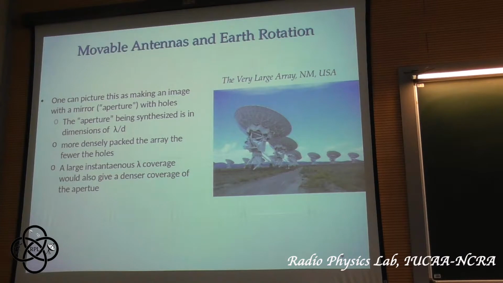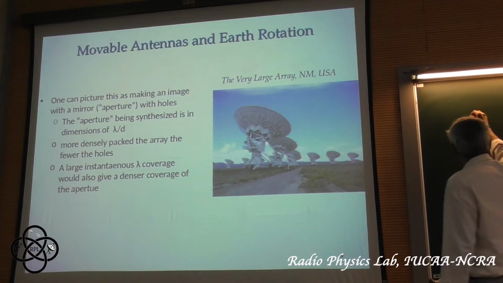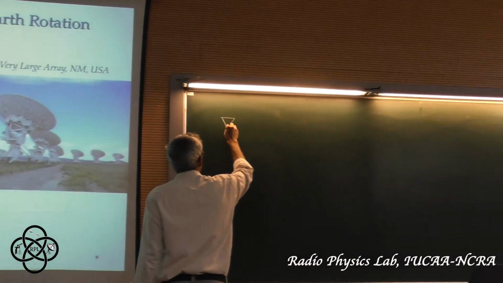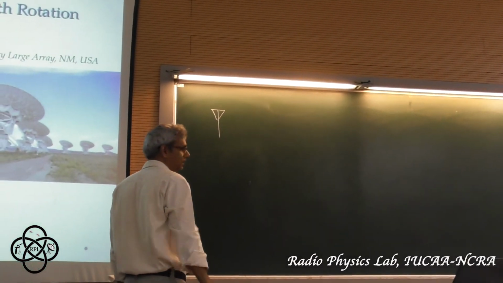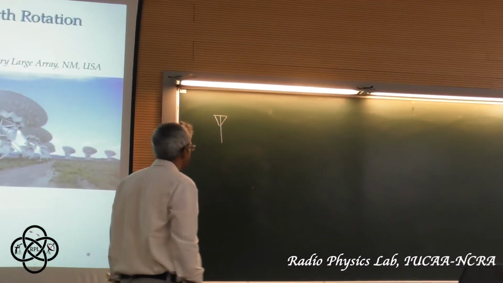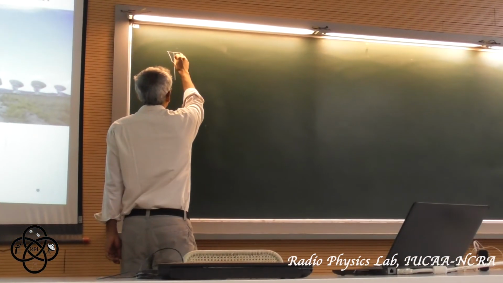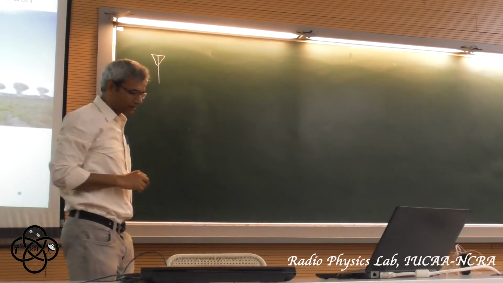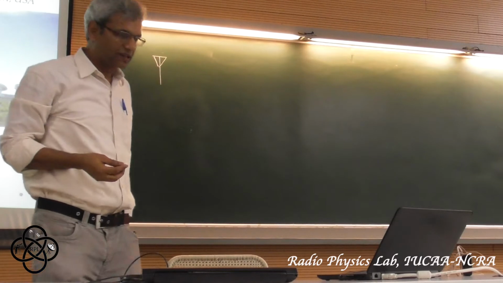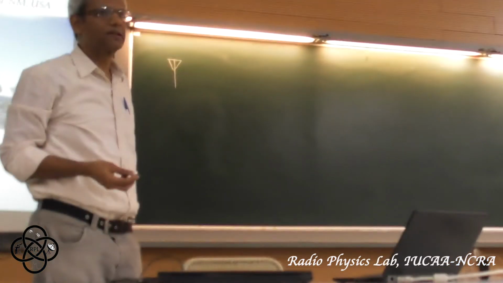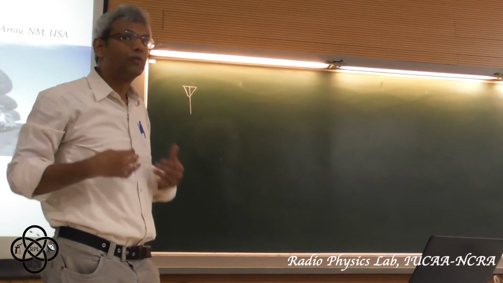Before I move on, I'm going to tell you about the GMRT, but I wanted to also say something about the way a radio telescope is set up. Typically the way it works is like this. We have an antenna which receives a radio wave. The antenna converts the radio wave, an electromagnetic wave in free space, into a voltage.